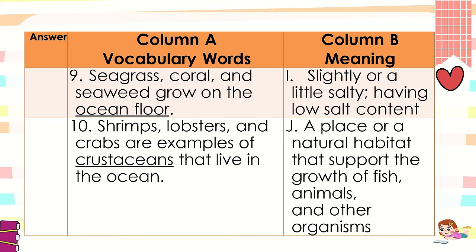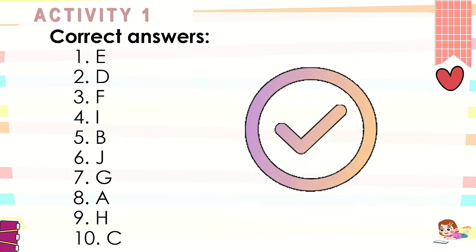Number 10, shrimps, lobsters, and crabs are examples of crustaceans that live in the ocean. Letter I, slightly or a little salty, having low salt content. J, a place or natural habitat that supports the growth of fish, animals, and other organisms.